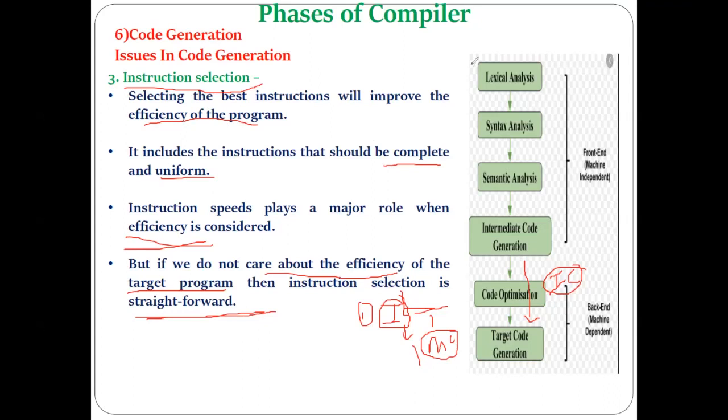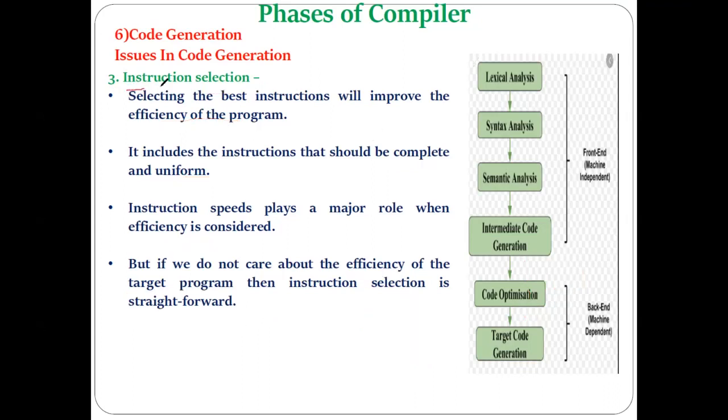So the main thing in the third issue in code generation is the selection of the instruction. The proper instruction for each intermediate code has to be selected so that efficient machine code can be generated.